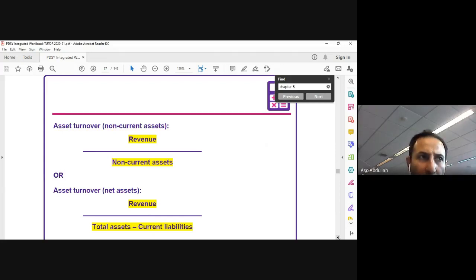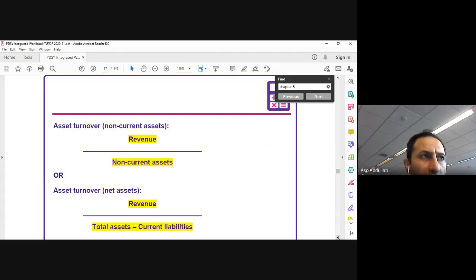Say, for example, you bought a machinery, and the machinery cost you £2 million, and this machine has not been used so much, and it makes only a little contribution to revenue. In this scenario, you have an option.